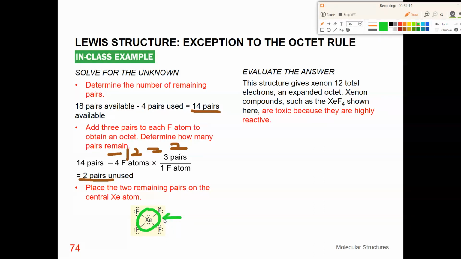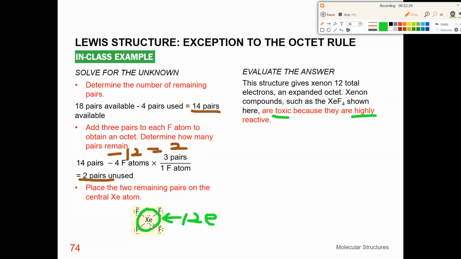So it has 12 electrons. It's called an expanded octet. This compound is very reactive and not stable, because xenon is not in an octet.